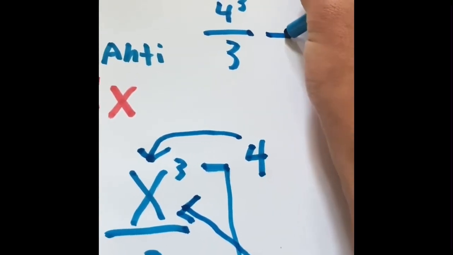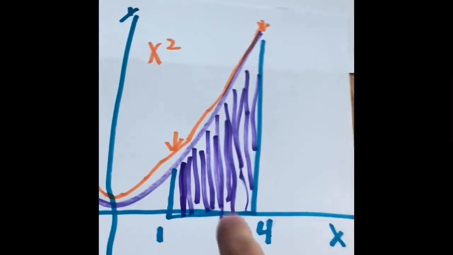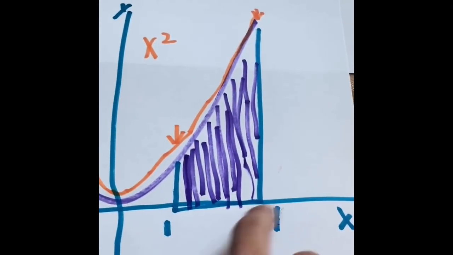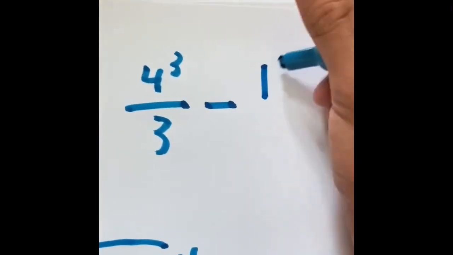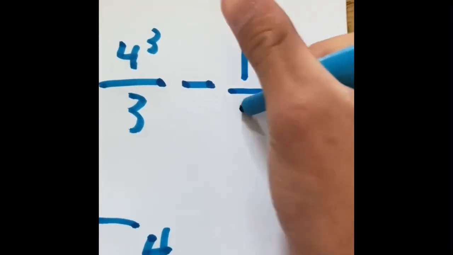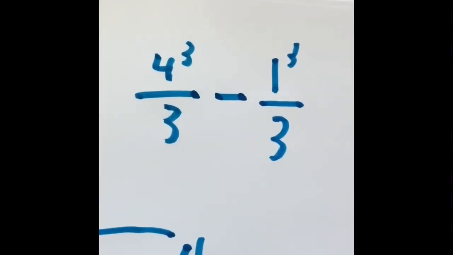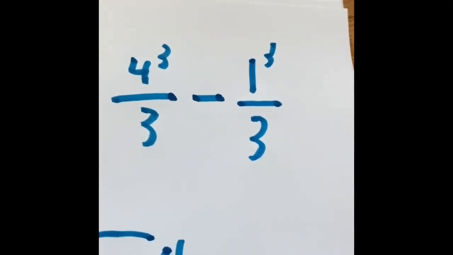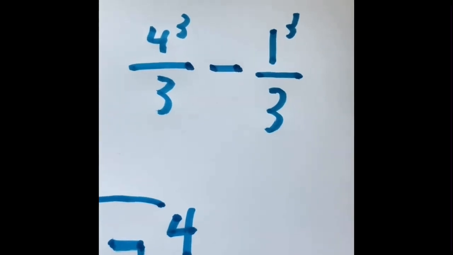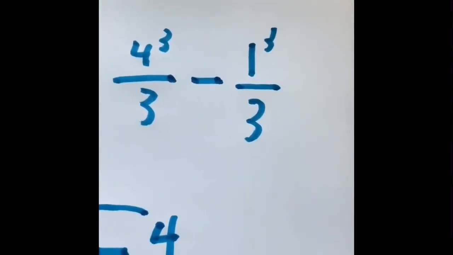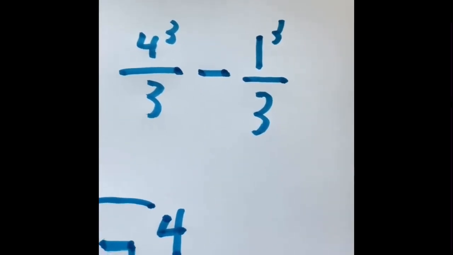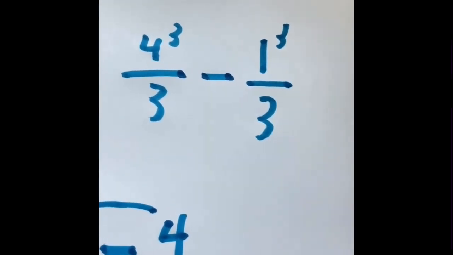We have to subtract that because we're trying to find the area in here, and that is the difference between the two. 1 to the third power, divided by 3. And we have our last step to work on. Now, all we have to do is simplify, and we get the area and our answer to our shape.